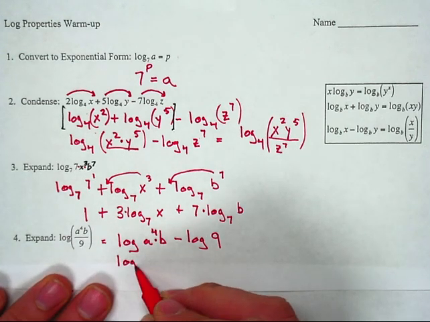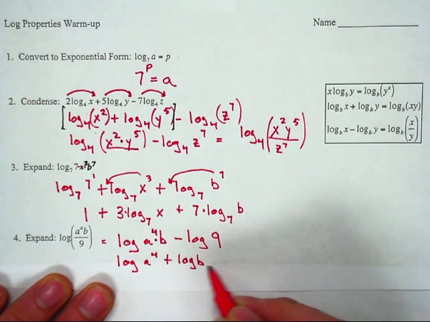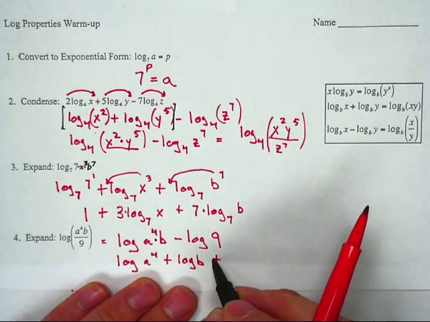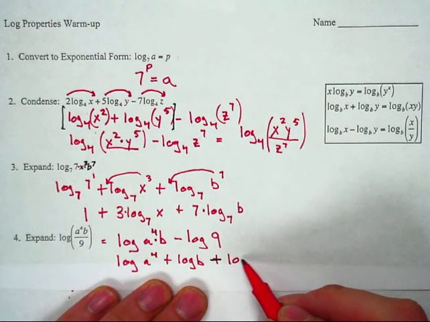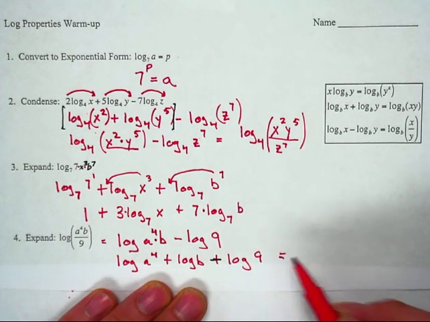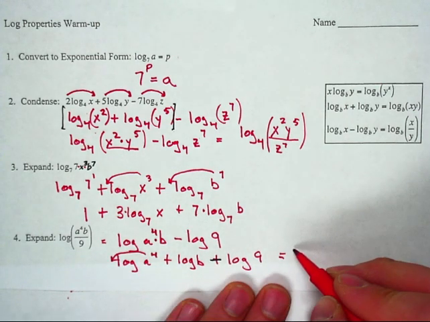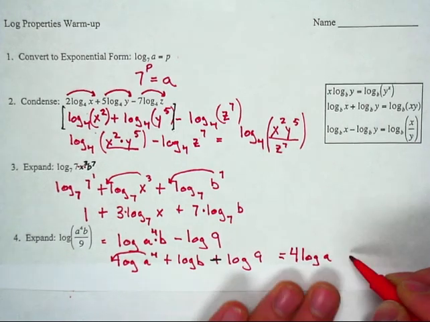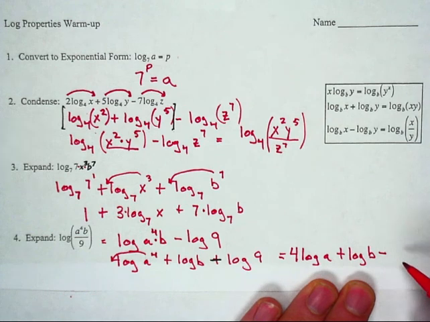So you have log of a to the fourth plus log of b, minus log of 9. And then one last step where the 4 can drop down. So you have 4 log of a plus log of b minus log of 9.